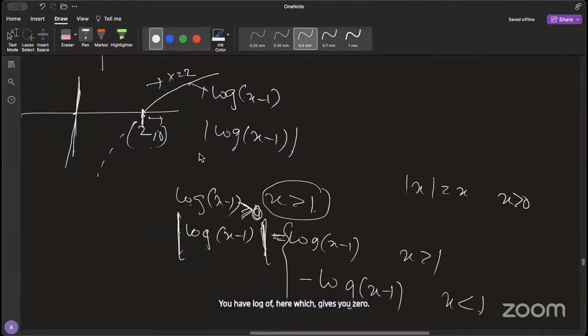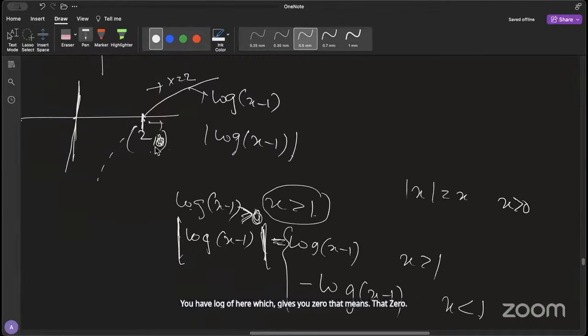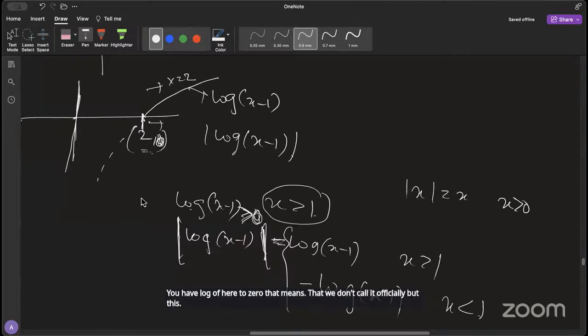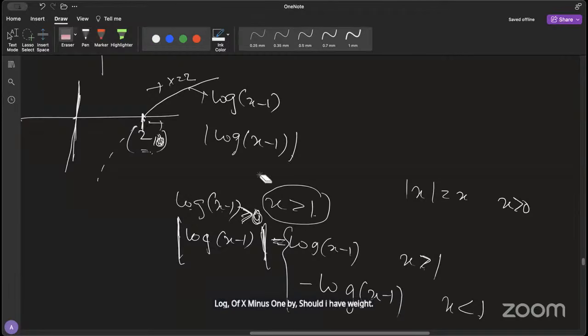That means at 2, you'll have zeros. So the vertex, we don't call it vertex officially, but this 2 comma 0 is the required point, right? And you have log of x minus 1 when x is greater than 1. Should I have, wait 1 second. I think we've made a mistake here.